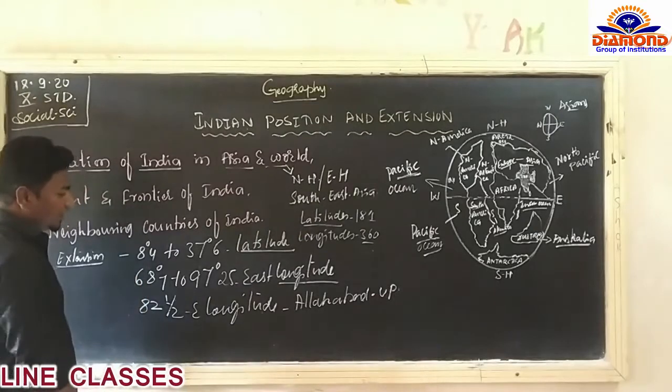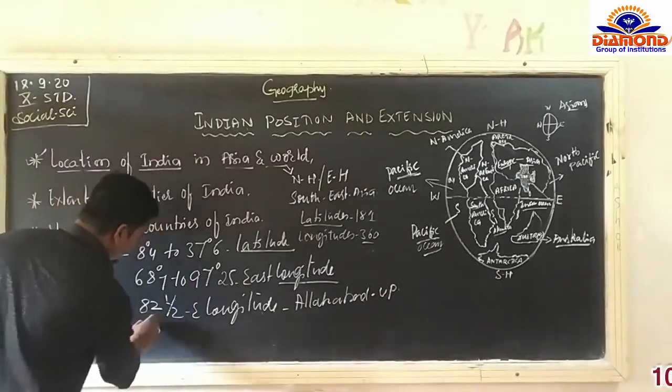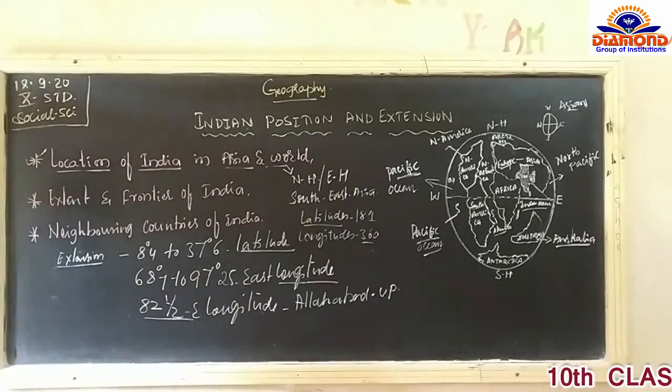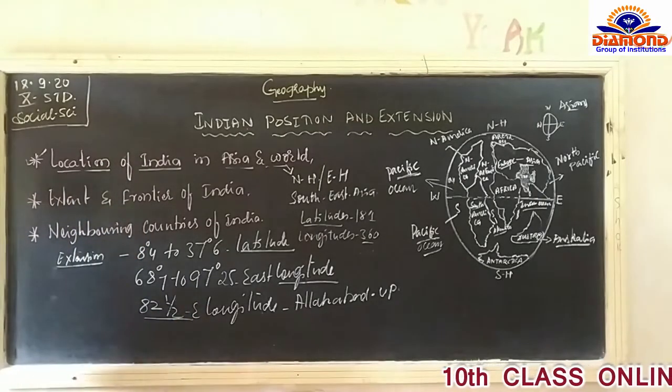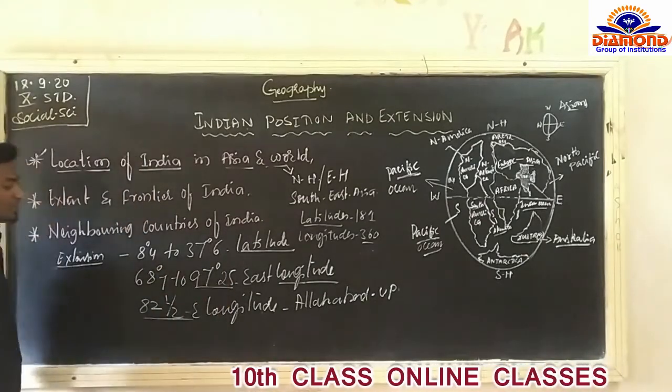This longitude is known as the Indian Standard longitude because on the basis of this we calculate our timing. So this longitude is important, but we extend up to 97.25.